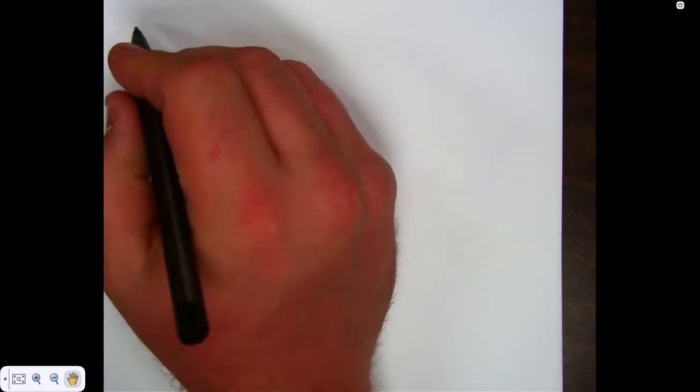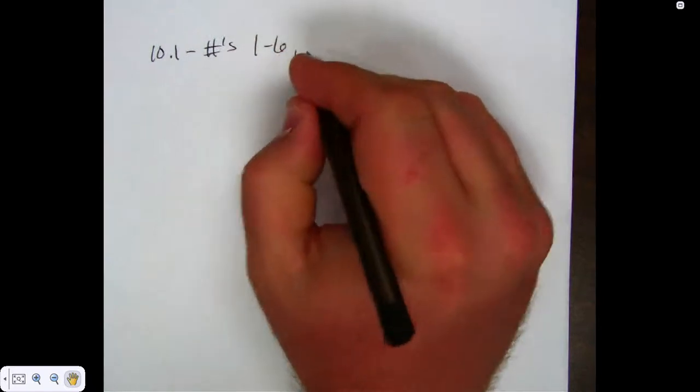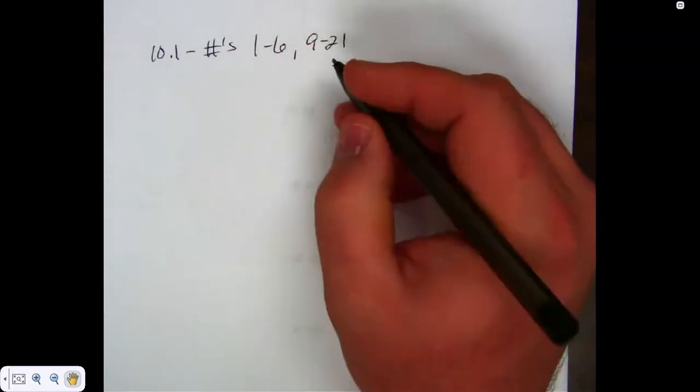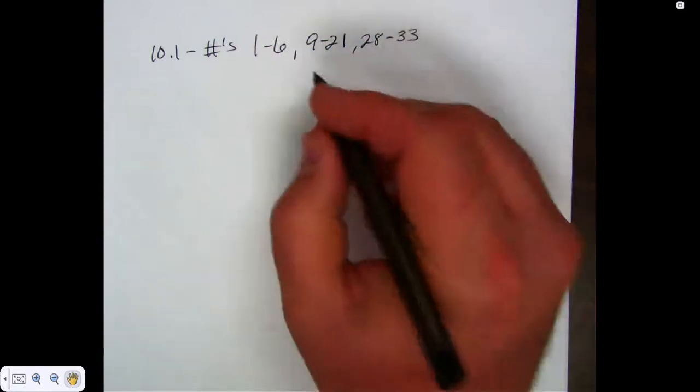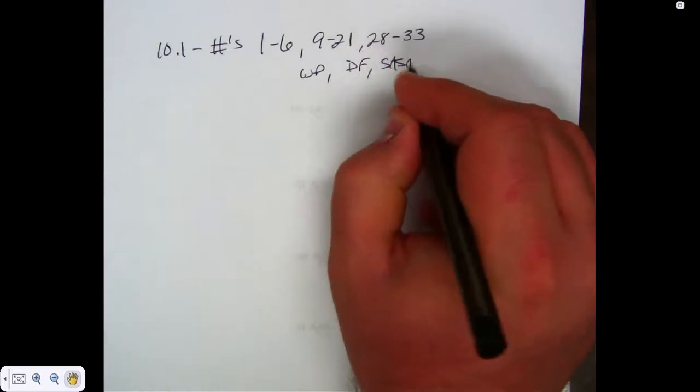Your assignment: 10.1, numbers 1 through 6, 9 through 21, 28 through 33. Write problems, draw figures, show all steps and work.